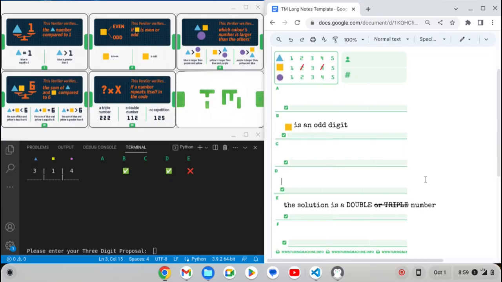So we have triangle plus square, and that sum is less than 6. Okay, so what can we say about that?